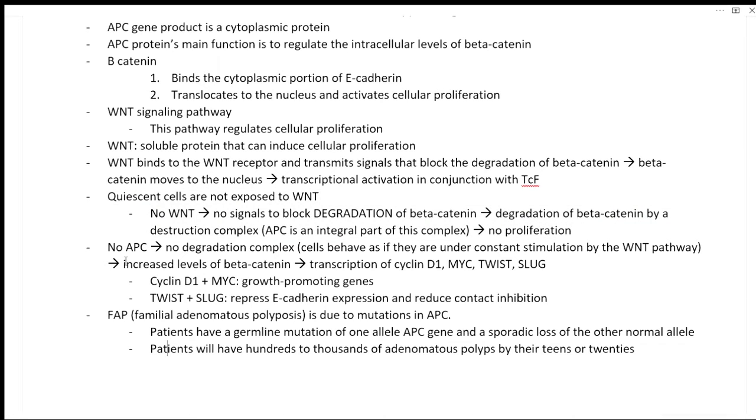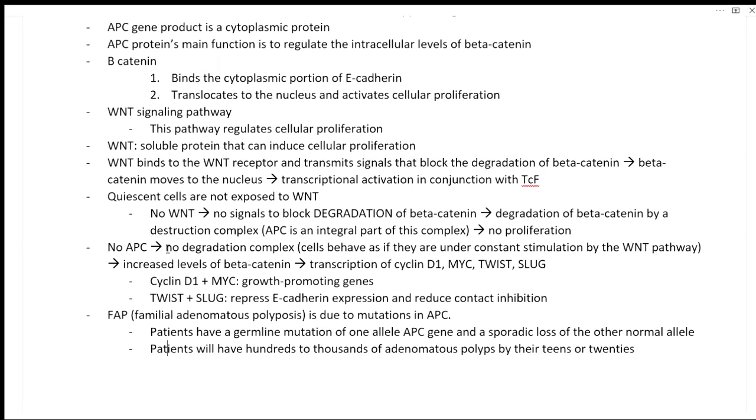Now, if we end up having a mutation or loss of the APC gene, we will not have a degradation complex. So in essence, the cell will behave as if it's under constant stimulation by the WNT pathway. The WNT pathway, as we said, leads to signals that prevent the degradation of beta-catenin, and the degradation of beta-catenin is done by a destruction complex of which APC is an integral part.